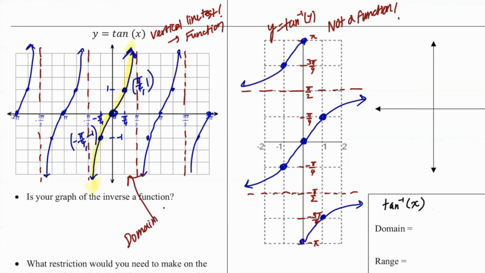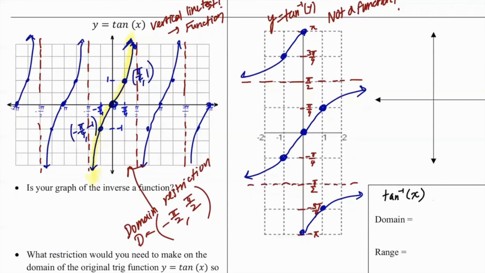And that is going to be from asymptotes -pi over 2 to pi over 2, which are not included because those are asymptotes, so it's going to be open parentheses. We restrict the domain from -pi over 2 to pi over 2, which on the inverse would be just one period of that horizontal tangent graph, which is right here.